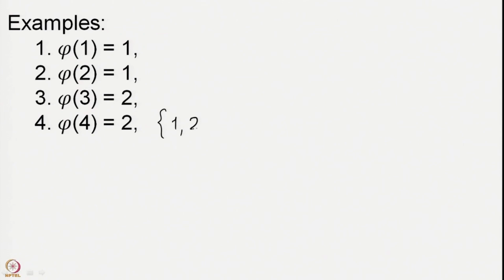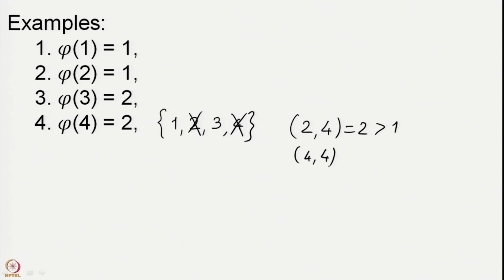Phi of 4: once again here we write all the elements of Z by 4Z. The GCD of 2 and 4 is 2, which is bigger than 1, as well as the GCD of 4 and 4 is 4, which is also bigger than 1. So these are the two elements which we need to remove, and so phi of 4 is indeed equal to 2.